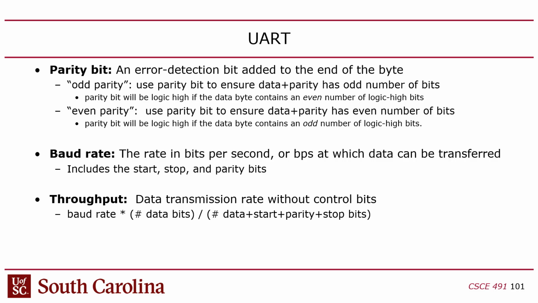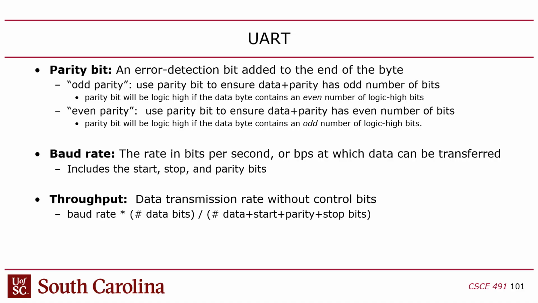So parity refers to the number of 1 bits. An even parity means there's an even number of 1 bits, and an odd parity means there's an odd number of 1 bits, right? But here's the catch.